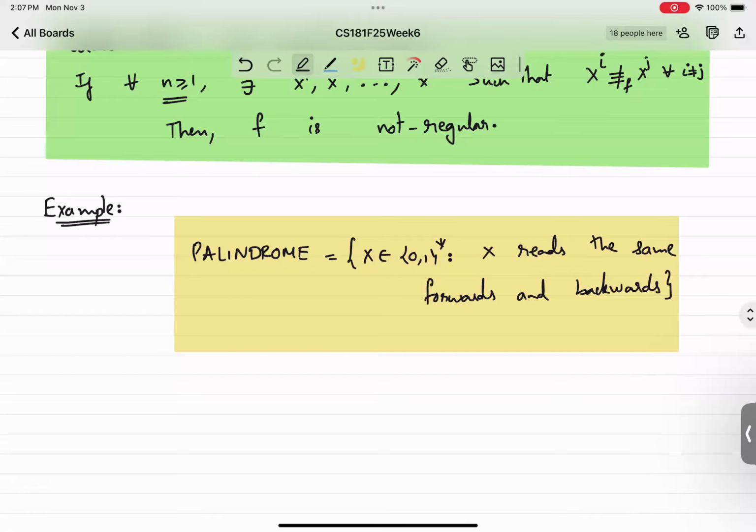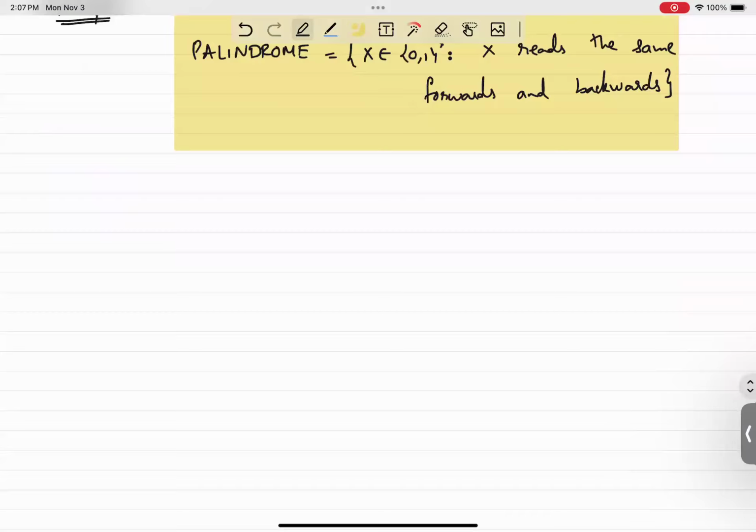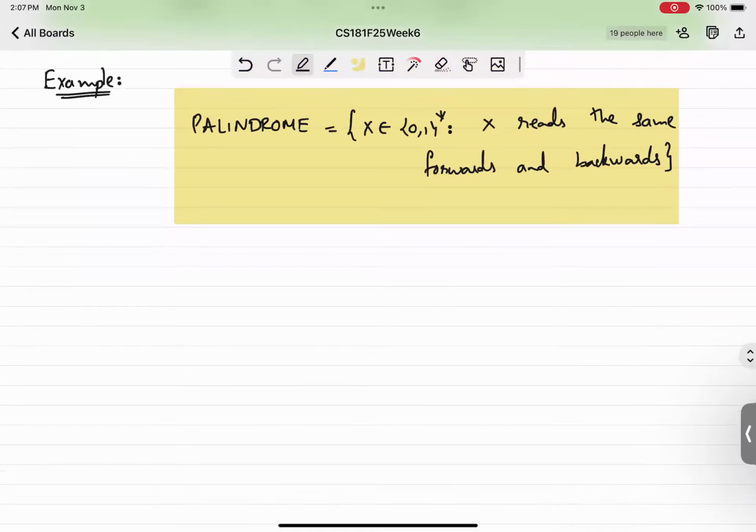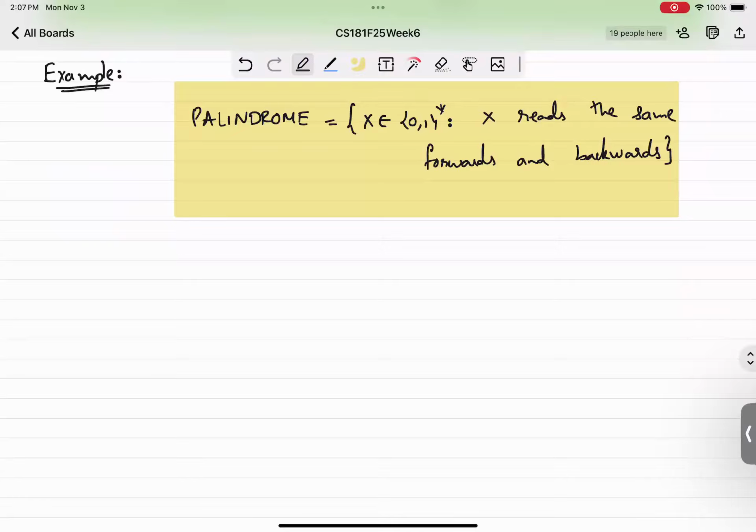Okay, so this is a language containing strings which read the same forwards and backwards, right? Now, once again, the claim is that this is not a regular language, or a function that can be computed by a DFA, NFA, or a regular expression. And here it's even more puzzling because there is not even counting, right?